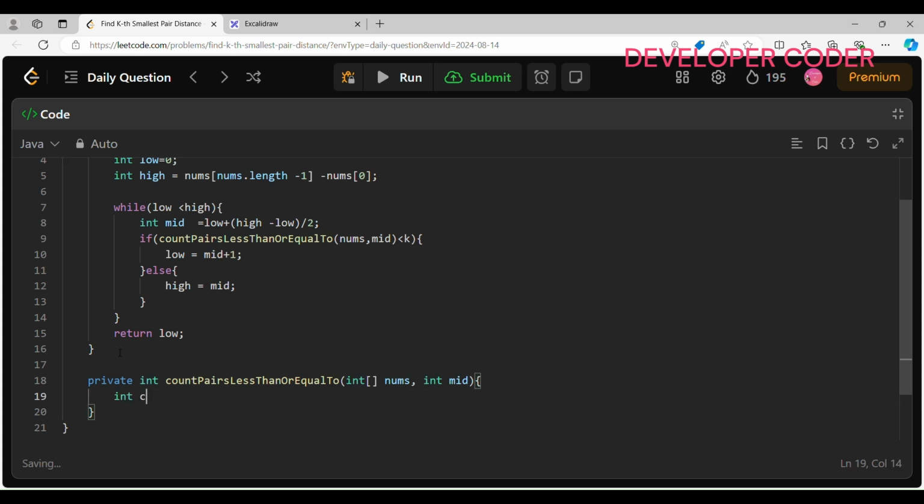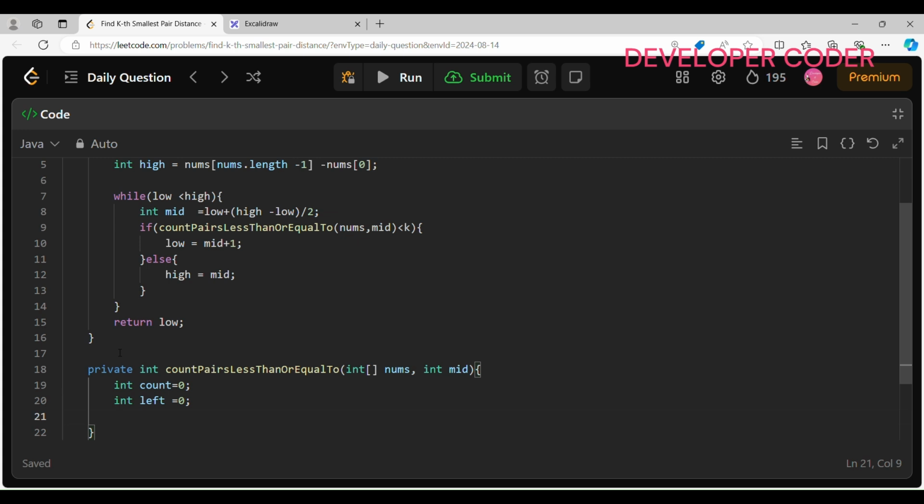and initially let's take count equal to 0, and my left is going to start from index 0, and my right is also going to start from index 0. So here I am taking the right variable. Right is going to iterate over all the elements one by one: right is equal to 0, right is less than nums.length, right plus plus.